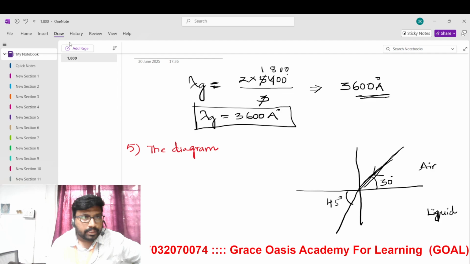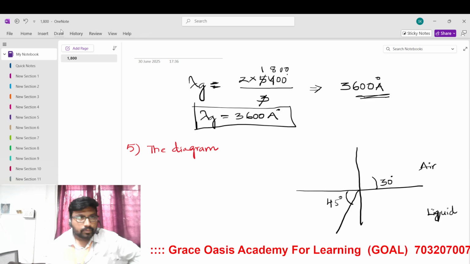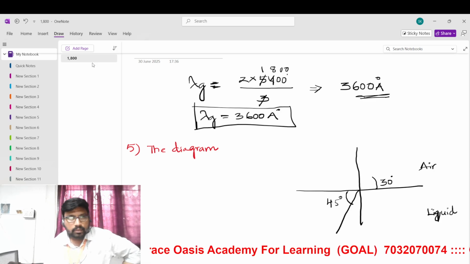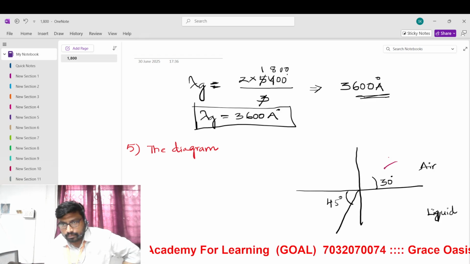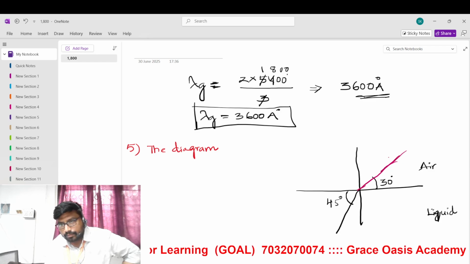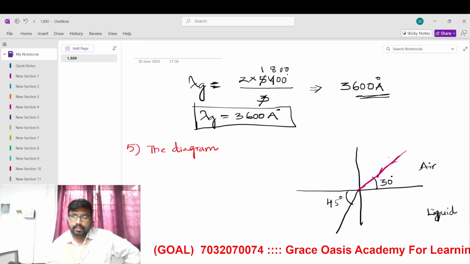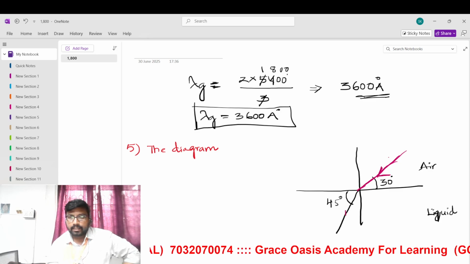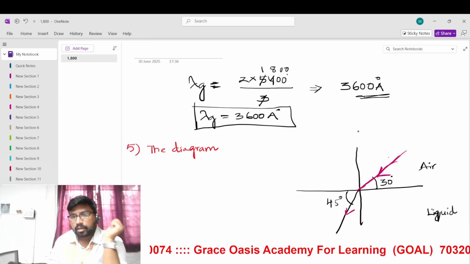Let me do it clearly. So a line is coming like this, incident ray, and it is getting refracted here, and the angle is getting deviated. This is normal, right?